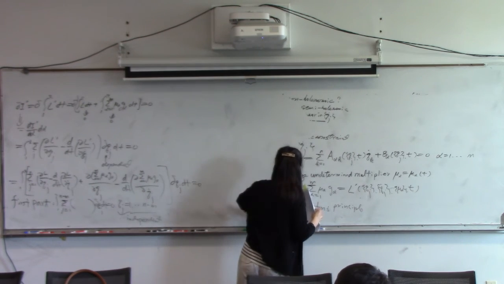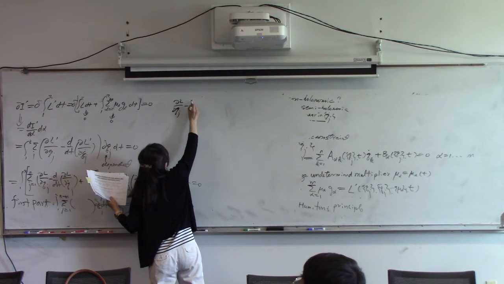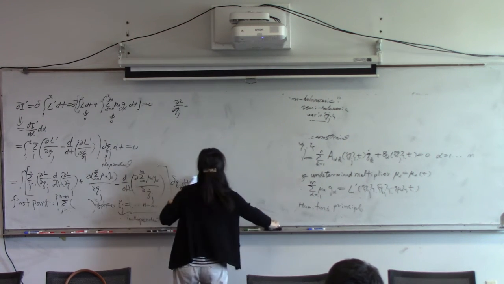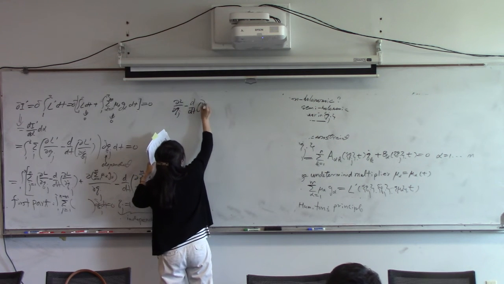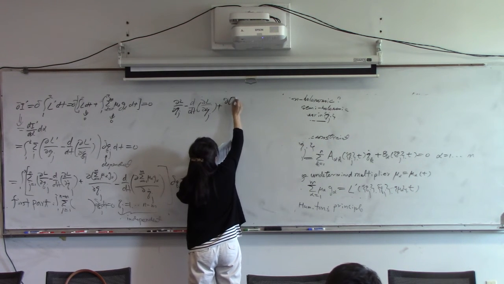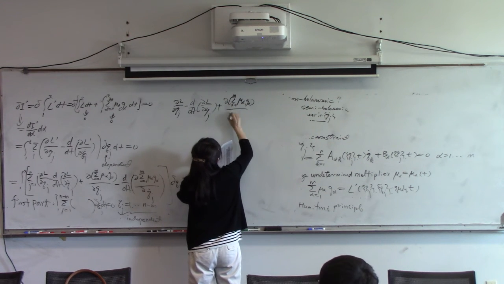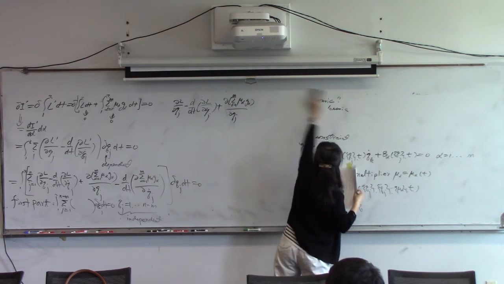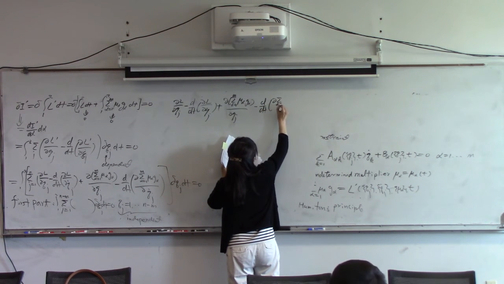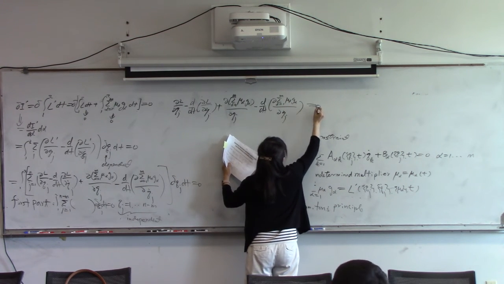If this is independent, we know then it gives us this one: partial L partial q_j, minus d dt partial L partial q_j dot, plus partial of the sum of mu alpha g alpha partial q_j, minus d dt partial of the sum of mu alpha g alpha partial q_j dot, equal to 0.